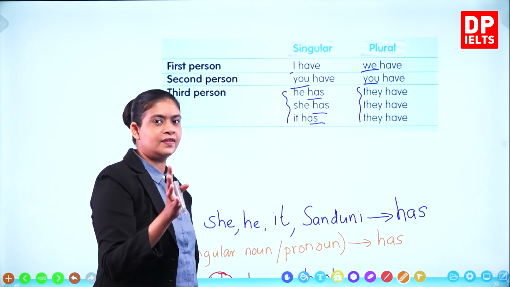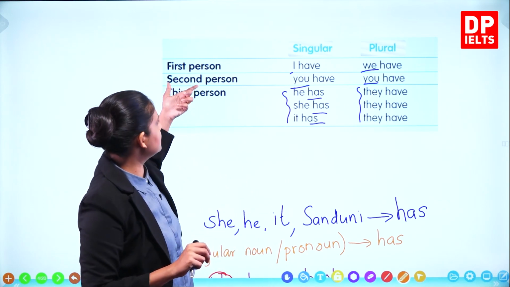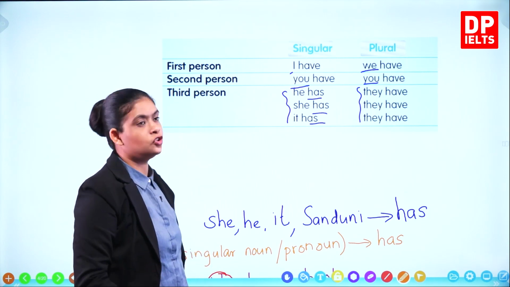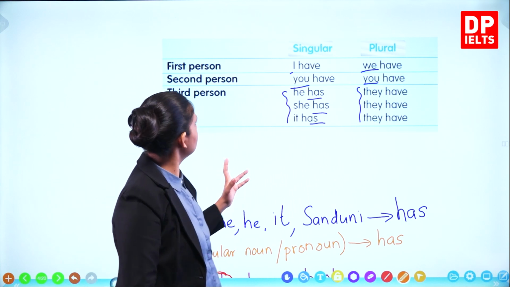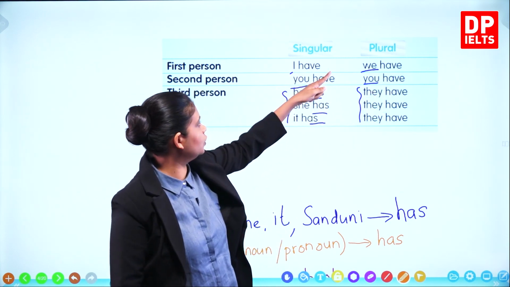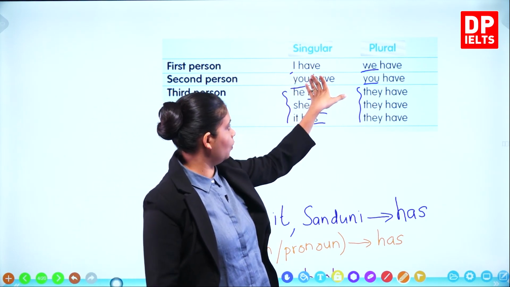So you kind of have the similar structure, right? First person, I have taught you I. Second person, you. Third person, he, she, it. When it changes into plural, I becomes we. Still I, even though it is singular, acts like a plural. Therefore, we have.